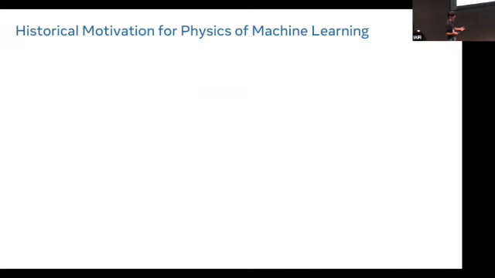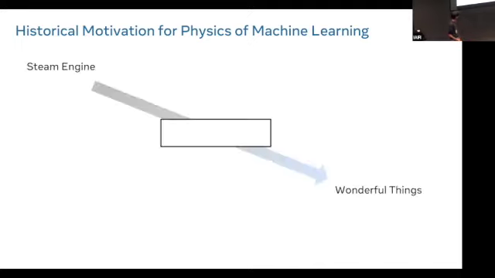And I want to begin this talk with a very vague philosophical observation or motivation for why we do this. One good example is the steam engine, which a few centuries ago, before we were born, was leading to many wonderful things, like letting you travel across the continent, but people didn't understand precisely how this works, and it was a black box at the time.